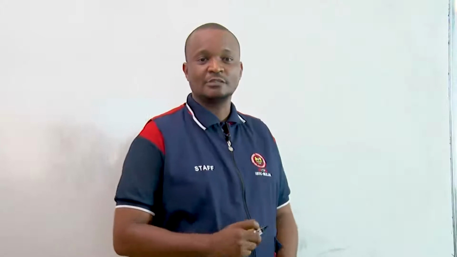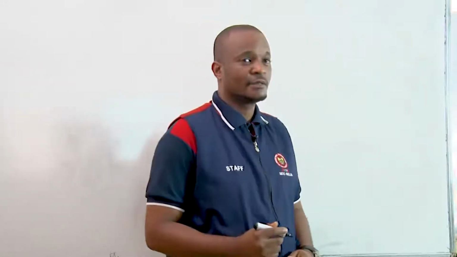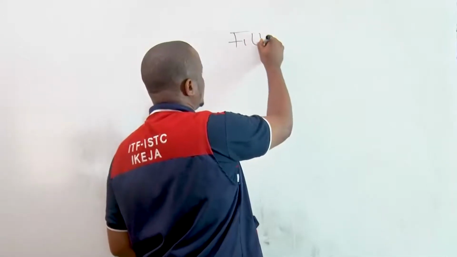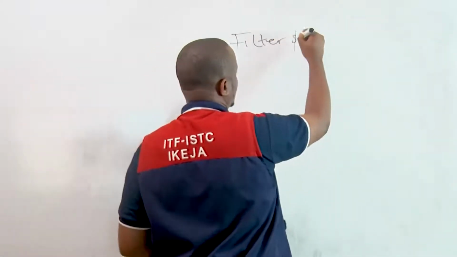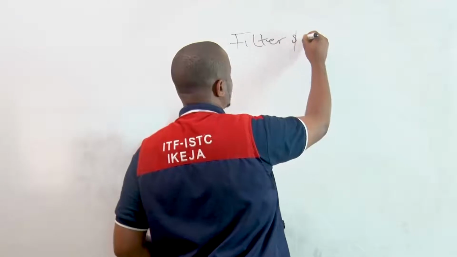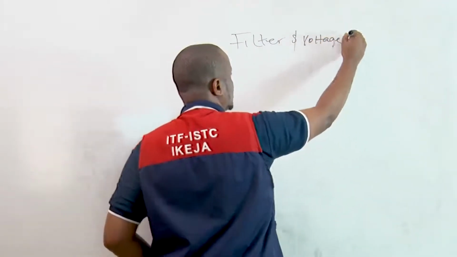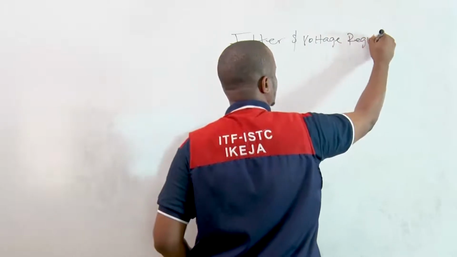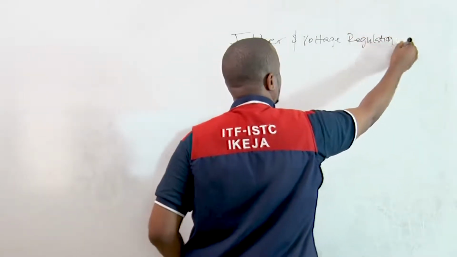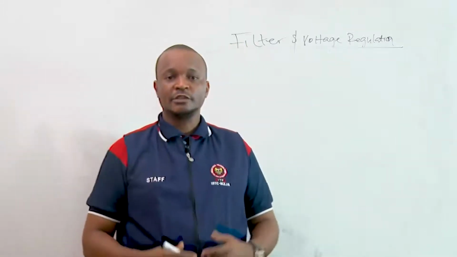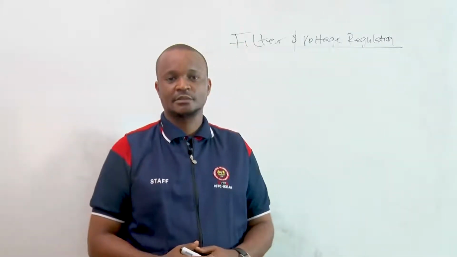So today's course is the continuation of the last video that we just did, which is rectification. So this is a continuation: filters and voltage regulation. First of all, what are filters?